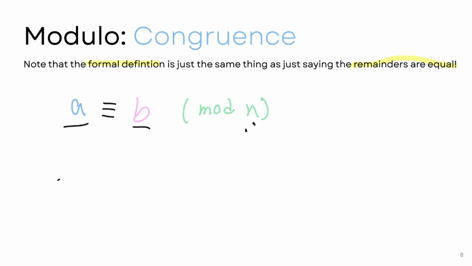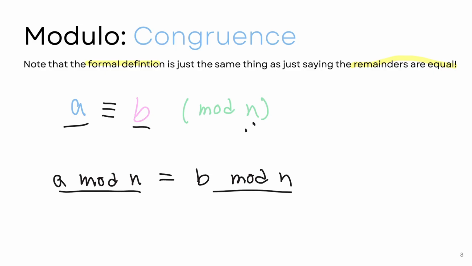So we could say that A mod n is equal to B mod n. We're saying that this gives you the same value as this, essentially saying that when A is divided by n, it'll give you the same remainder as B divided by n.